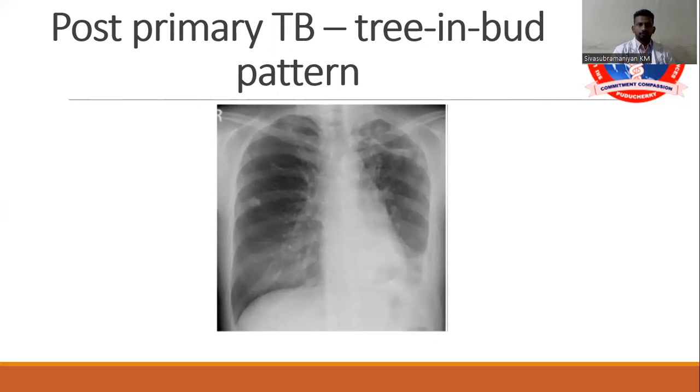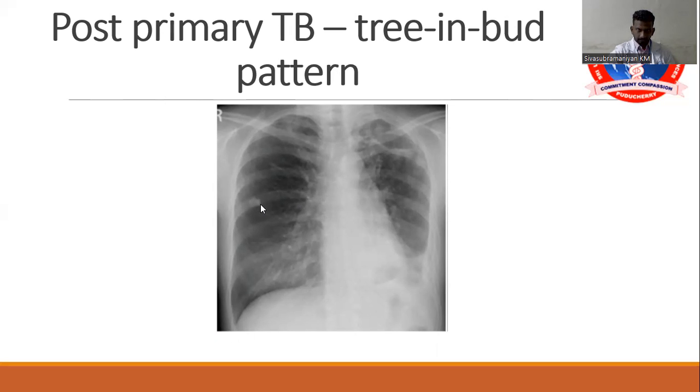All right, a few more patterns of pneumonia. So this is called a tree in bud pattern, but we are not able to see that very well on the plain radiograph. It is seen over here. There are multiple tiny nodules, and you can see that there is a branching of the nodules into a tree in bud pattern.